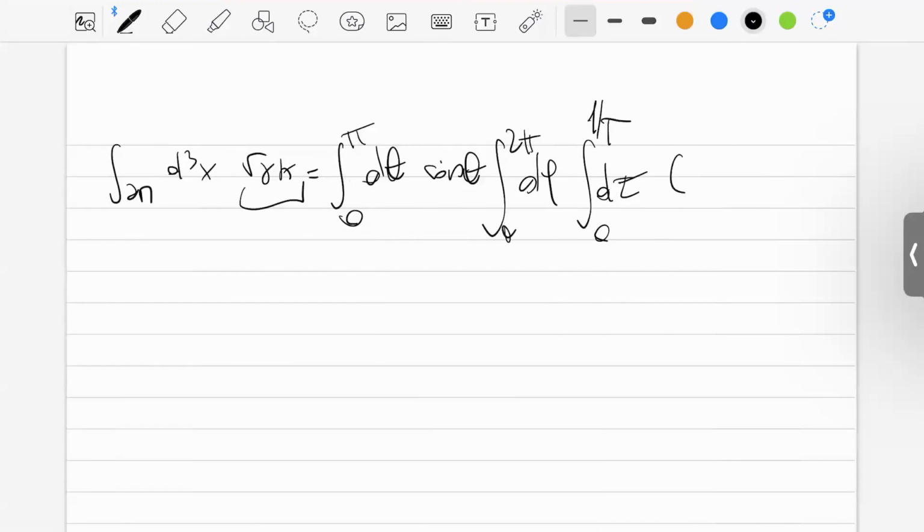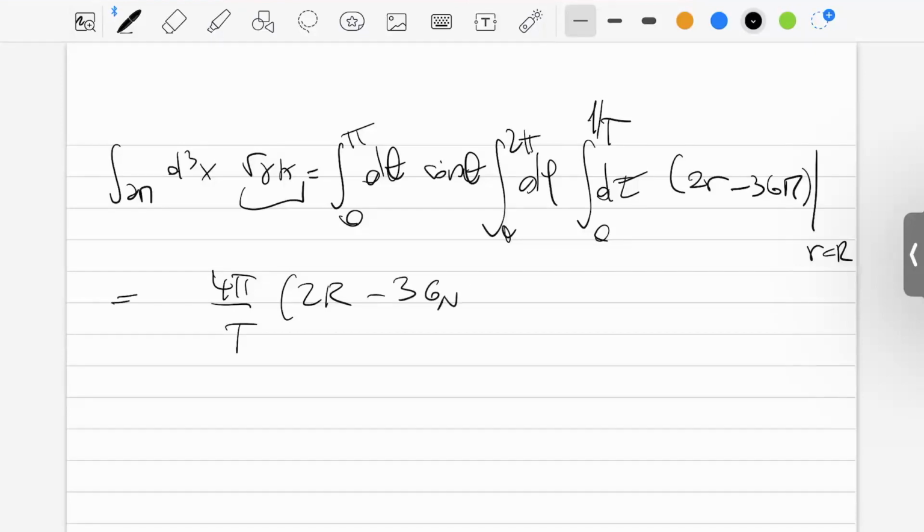If you multiply those, you should arrive at this expression, 2r minus 3GM. And then if you integrate, you should arrive at minus 4 pi divided by T times 2r minus 3GM. So this is the result for the first term.